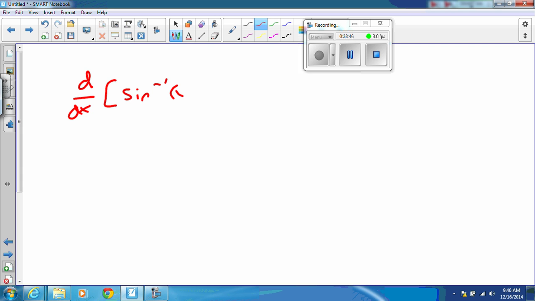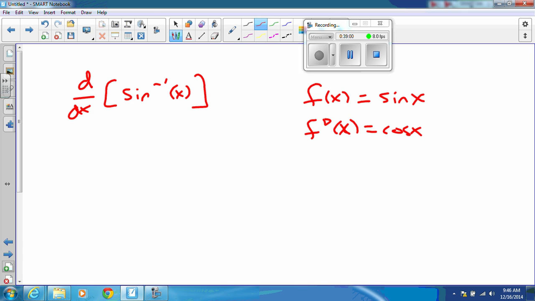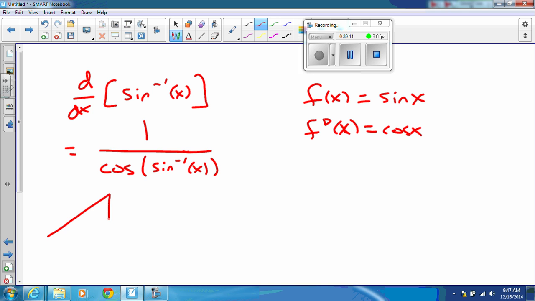You should be able to do the same process to find the derivative of inverse sine. Thinking about it in terms of the inverse function theorem, our parent function is f of x equals sine x, and f prime is cosine x. Therefore, this should be 1 over cosine of the inverse sine.